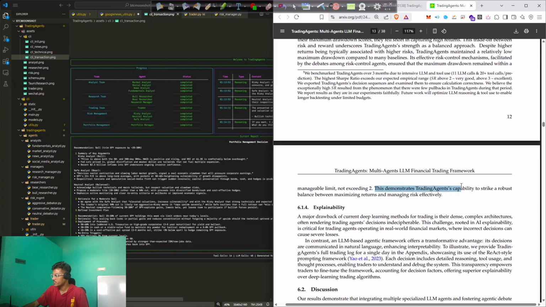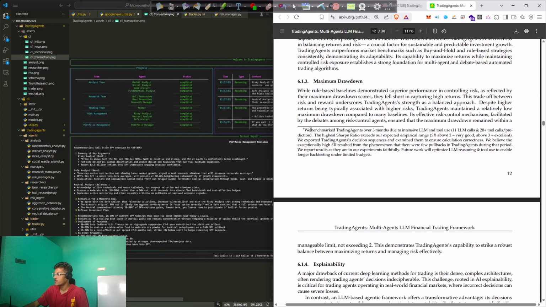This demonstrates trading agents' capability to strike a robust balance between maximizing returns and managing risk effectively.